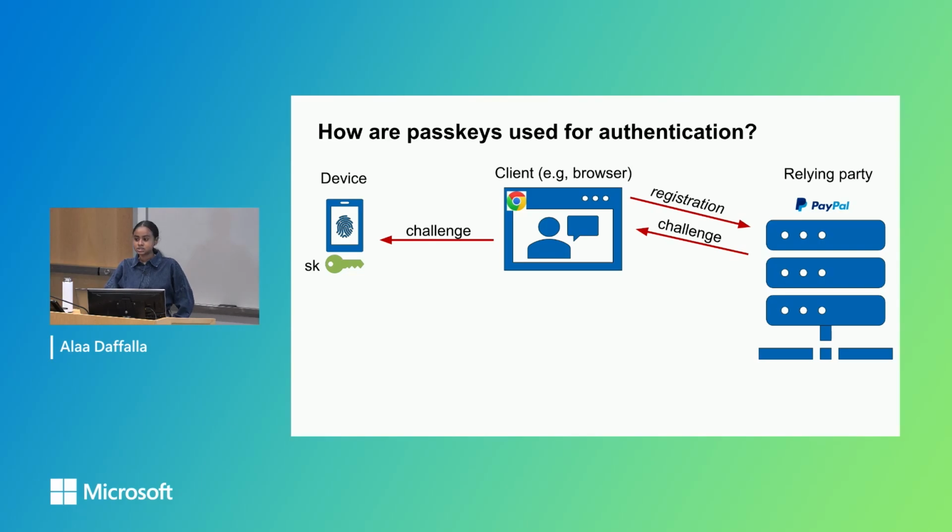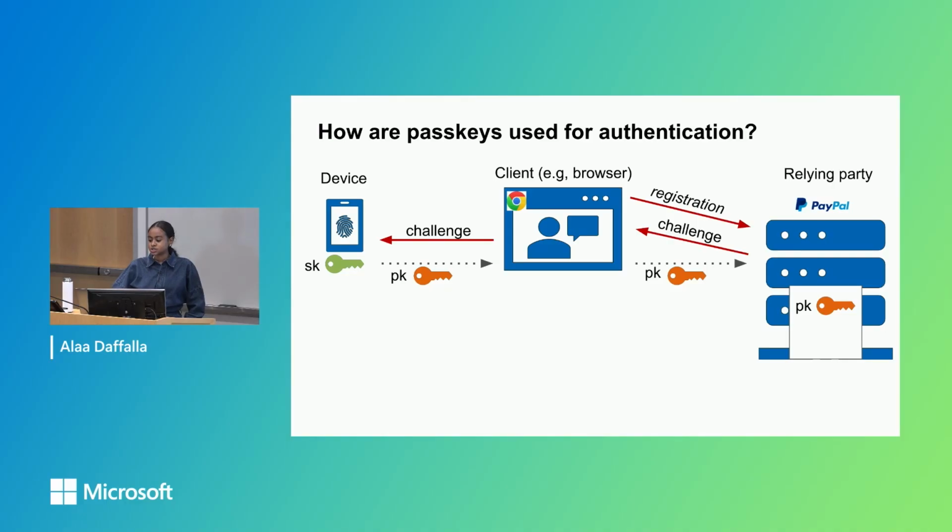The private key stays on your device, and the public key is sent to the website to register you. A key feature of passkeys is that they are multi-device credentials, so private keys can be synced across a user's devices, for example, to avoid needing to re-register on each device or to use a single existing device, for example, a phone, as the authenticator across all services.